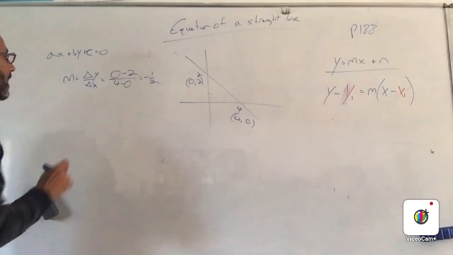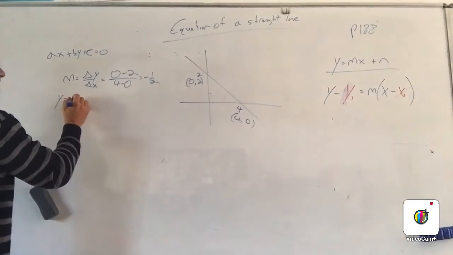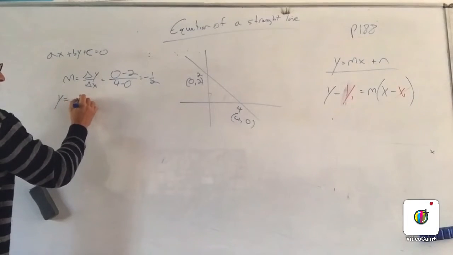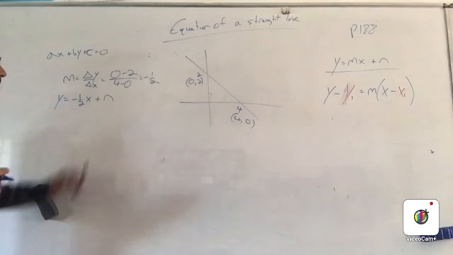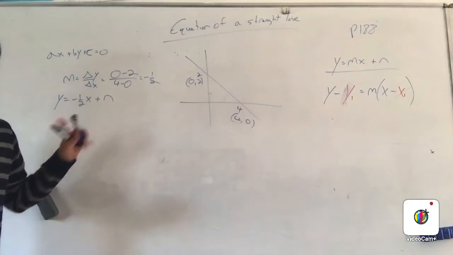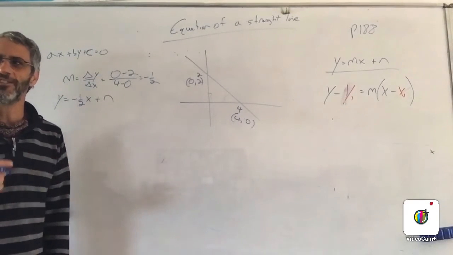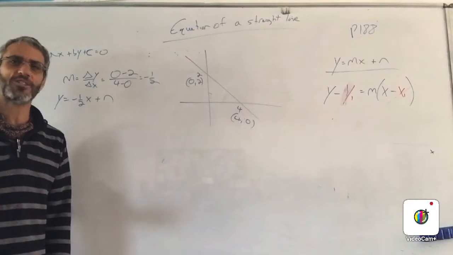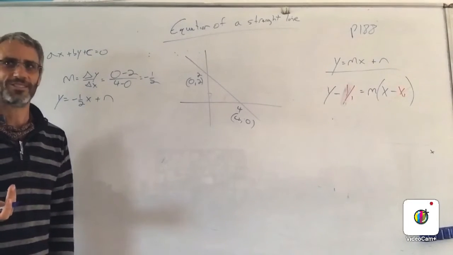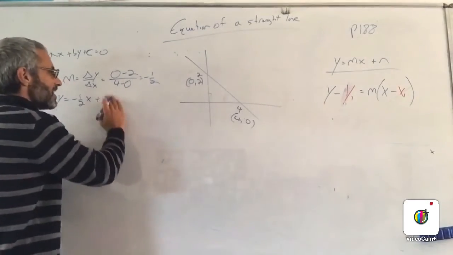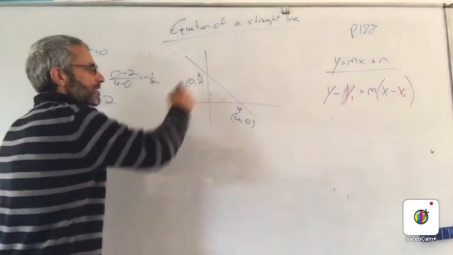So we know what m is, okay? So now I'm going to have y equals m, which is minus half x plus n, okay? So I'm almost there. I just need to find n. But hang on, you know what? n here is very obvious. I don't even need to calculate anything. What is n equal to? 0. No, not 0, 2. 2, okay? n is the y-intercept. Our y-intercept is 2.